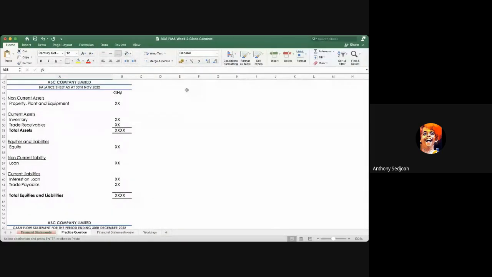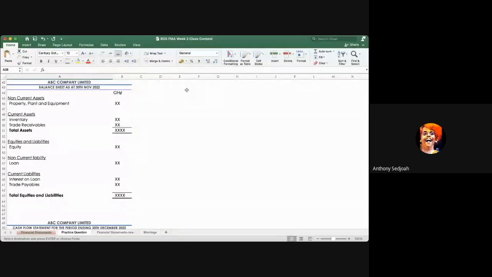And the name balance sheet also has a meaning. It means that in preparing the balance sheet, two values have to be the same. That's where accountants say these two values have to balance. Those two values are the total assets and the total equity and liabilities, which must be the same.